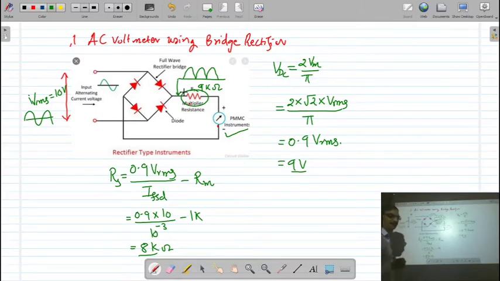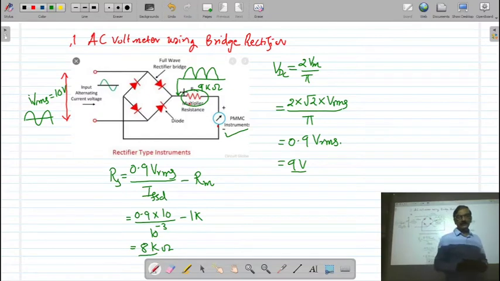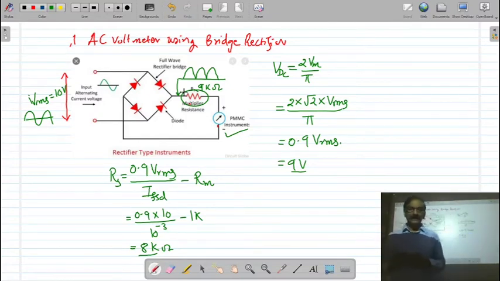Now let us see what is the disadvantage of this kind of circuit, because these diodes are not ideal diodes, and as a result we have some difficulty in the measurement of the voltage. So what kind of difficulty is there? Let us see.